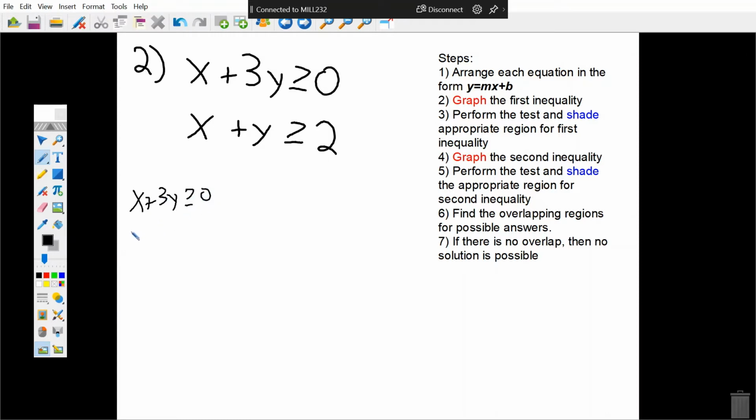So I'm going to minus x from both sides. 3y less than negative x plus 0. Divide both sides by 3. Get y is less than, or sorry, greater than or equal to negative x plus 0. Okay.